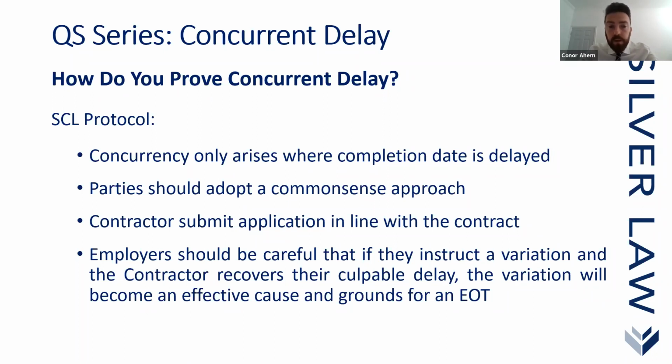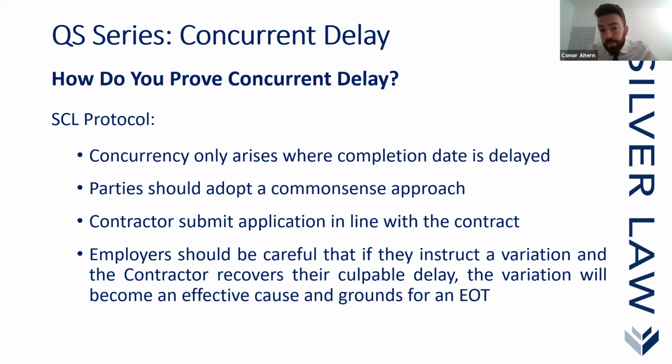What they're also saying is that employers should be careful that if they instruct a variation and the contractor recovers their culpable delay, in a position where the project is already in delay, the variation will become an effective cause and grounds for an extension of time. It's a warning to employers that if the project is in delay due to the contractor's own delays, and you instruct a variation that causes a delay at the end, after the contractor may have accelerated or increased resources to mitigate their delay, then that can become grounds for an extension of time also.